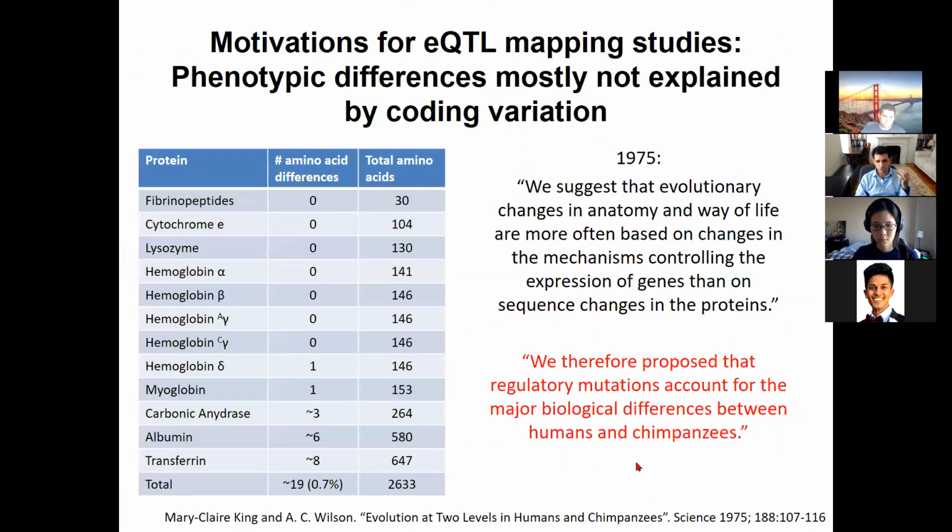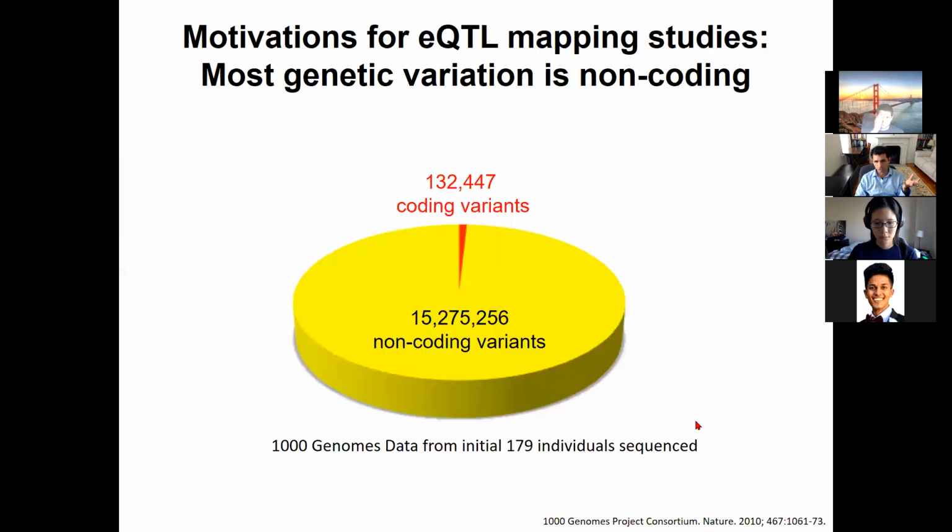And again, the motivation for that dates back to many decades ago, when Mary Claire King and A. Wilson basically saw that there are very few amino acid differences between closely related species. If you look at human and chimp, all of these genes have almost no amino acid changes. So instead, they predicted that regulatory mutations probably account for these biological differences.